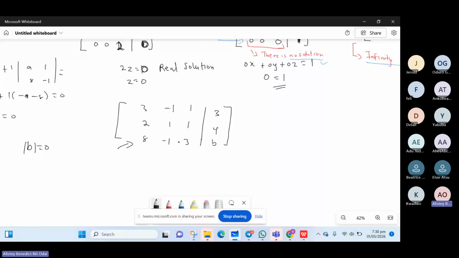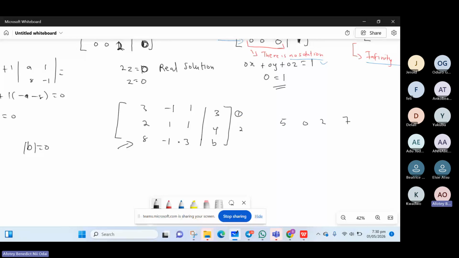Let's see the rows that we can add. Let's add the first row to the second row. We get 5, 0, 2, and 7.